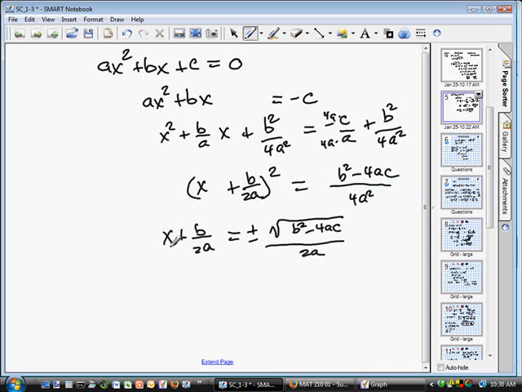And now just get x alone, subtract this b over 2a from both sides. And since it has a common denominator, can't I do this? And of course, famous result.